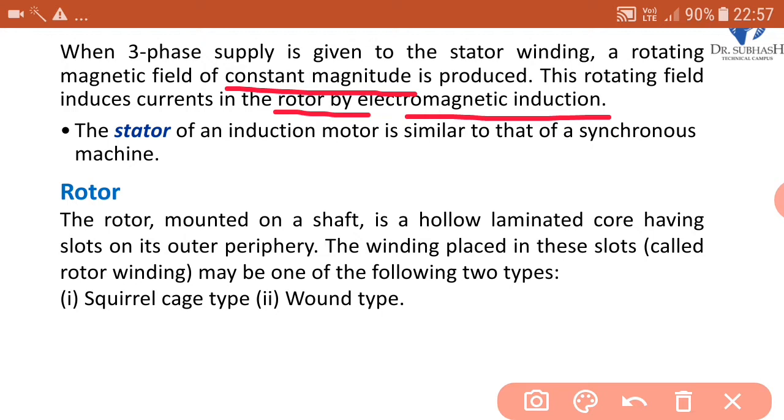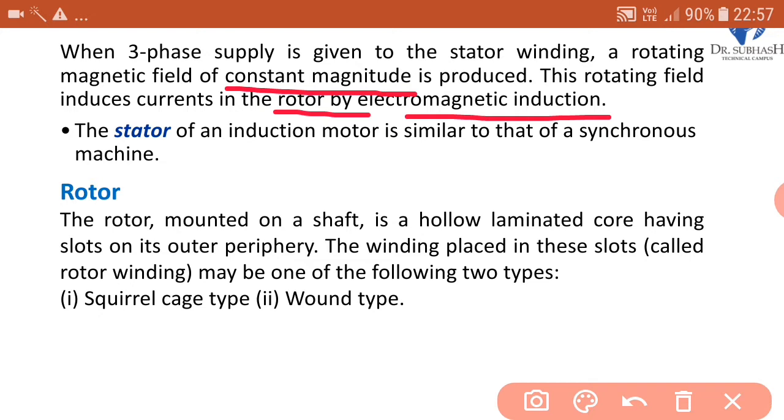In the same way, in an induction motor, whenever three-phase supply is given to the stator winding, the rotating magnetic field is produced, and the rotating field induces current in the rotor by electromagnetic induction.